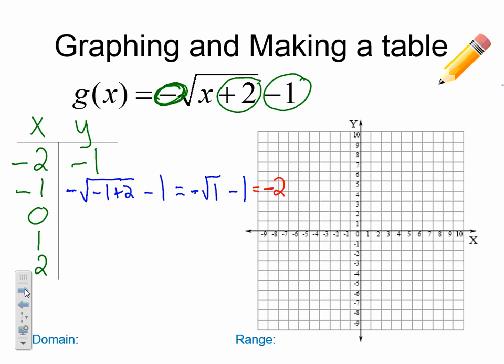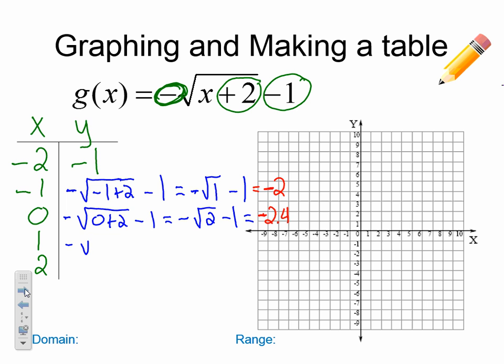Keep going here. We're going to plug in 0. So we have negative square root of 0 plus 2 minus 1 equals the negative square root of 2 minus 1, which is going to equal, if we type in our calculator, approximately negative 2.4. Keep going here.